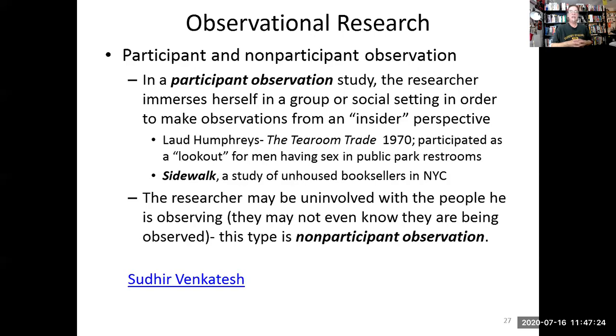So over time he asked around and found there was a park where men would meet and have random sexual encounters. And he learned that usually one person would be a lookout who would stand outside and alert the people inside this public restroom if the police were coming, because this was obviously illegal behavior at the time.